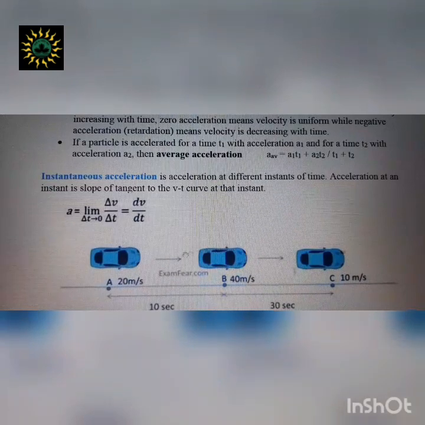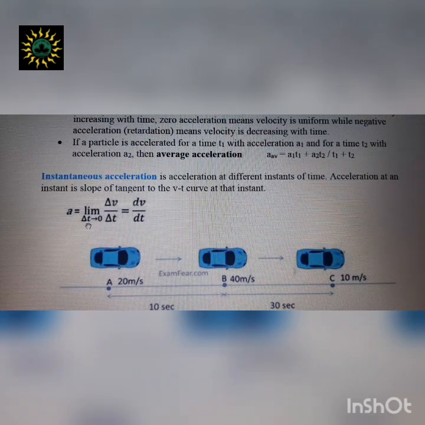Now instantaneous acceleration is exactly similar to the instantaneous velocity, as you saw. Suppose in the delta t interval of time, delta t is a very small interval of time and delta v is a very small change in velocity actually. So during the interval of time delta t there is a change in velocity delta v, okay. Now suppose at any instant delta t tends to 0, meaning at a particular instant there is no change in time.